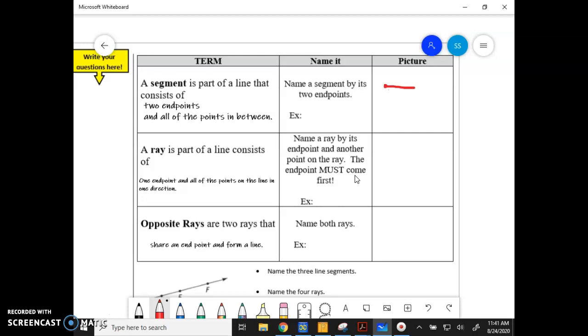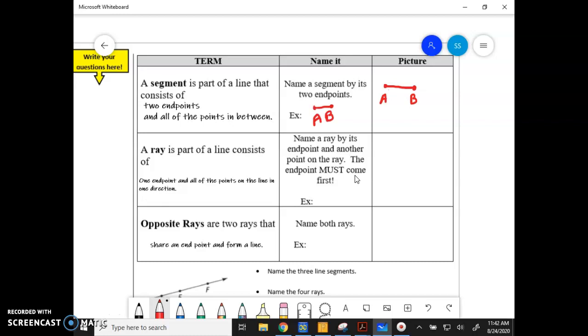The key difference here is there are no arrows here. We have dots that signify that it ends there. Okay, so there is line segment AB, and you name it or you identify it just the same way as a line, except we don't write the arrows, we just write the dots there.